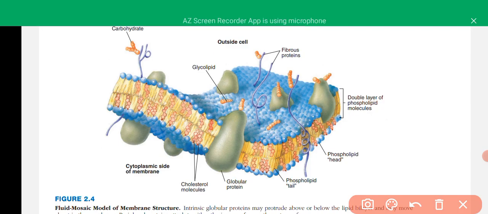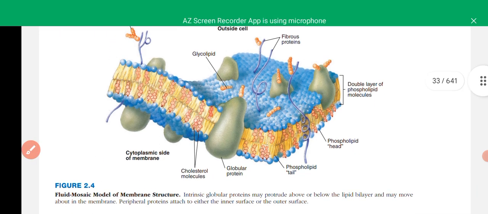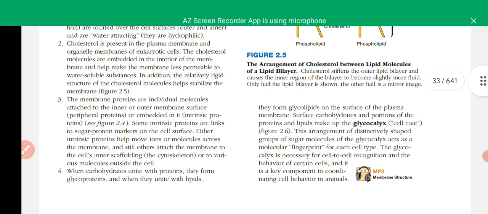They help in signal transduction. Some carbohydrate molecules are attached to the proteins, and some act as signaling pathways and a messenger system for cells, so they perform various functions.